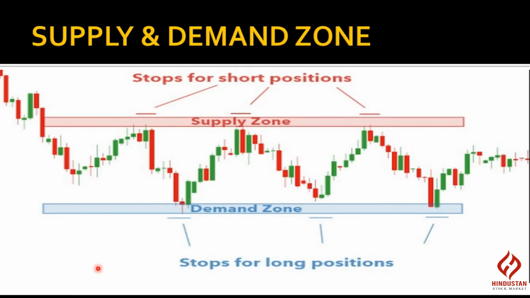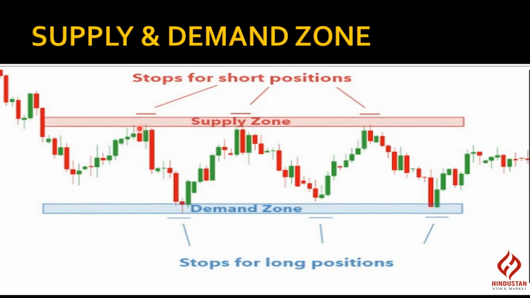Next tool is the supply and demand zone. It is also an important tool to identify support and resistance levels on your chart. These supply and demand zones are extreme ends where the market turns from bullish to bearish and bearish to bullish. Suppose you can see the stock price moving like this, and now you can see back to back bullish candles.